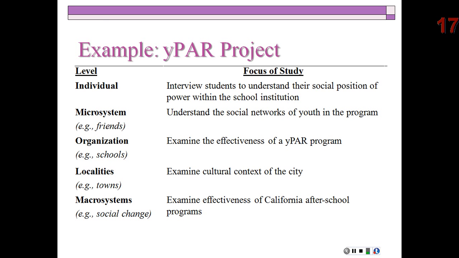She also sought to understand the effectiveness of the program itself. So she was looking at organizational level outcomes and how those organizational level variables influenced the individual level variables. Additionally, at the locality level, she sought to understand the cultural context of the city, and also the effectiveness of California after-school programs in general. So she was really looking across all levels of analysis. But when we're conducting community research, it's necessary to define which level of analysis we're going to be working within.